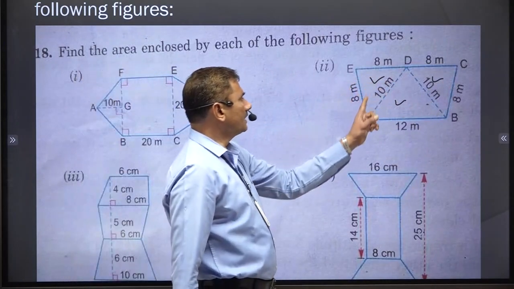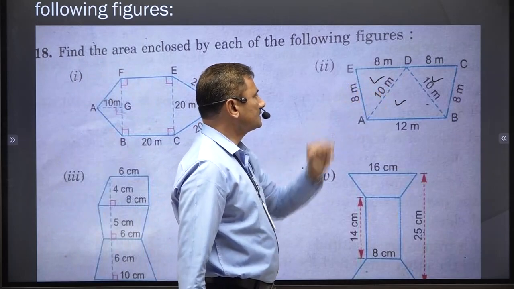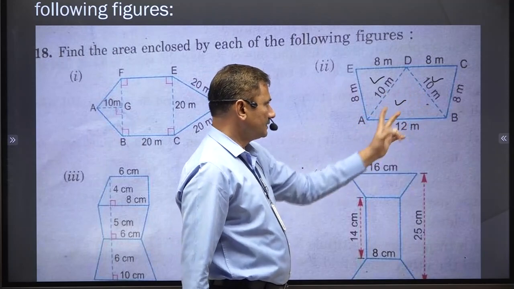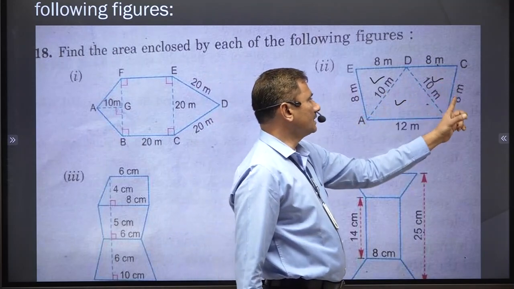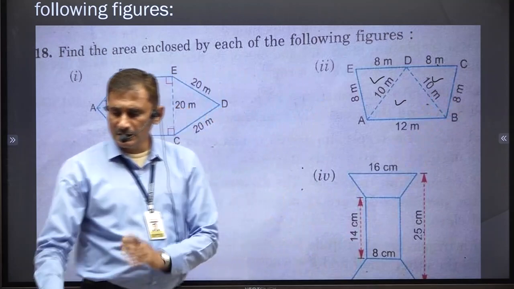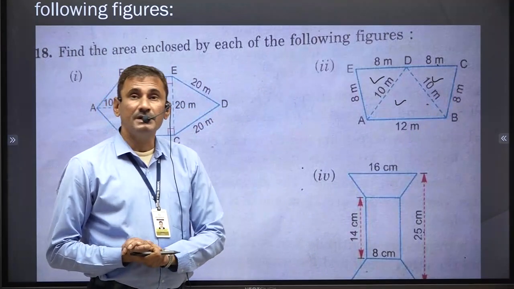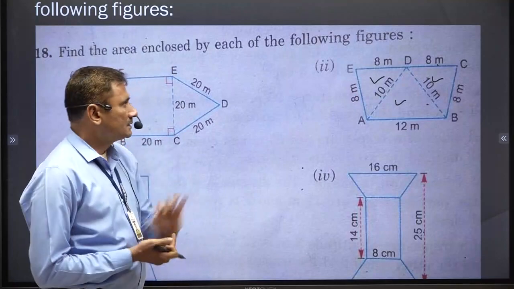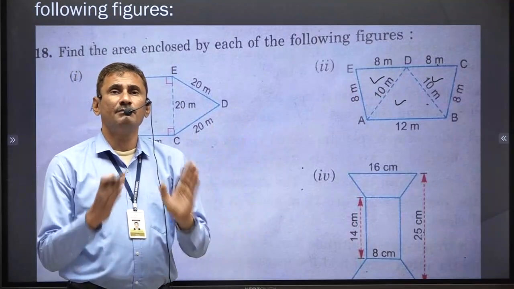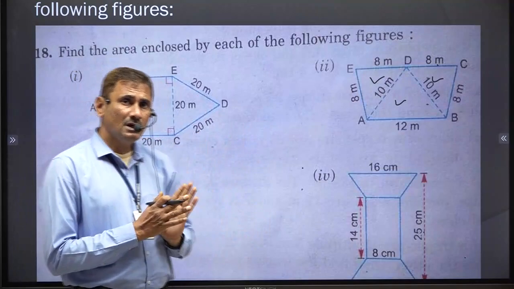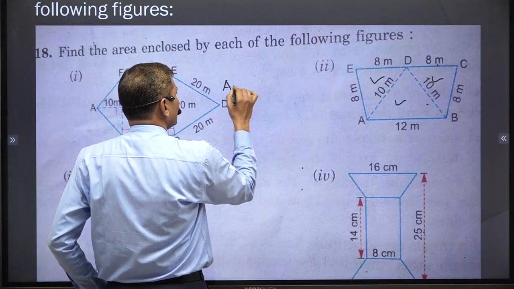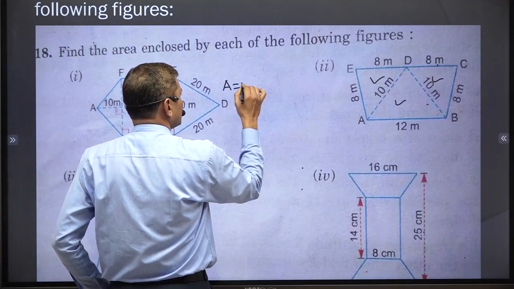In triangle ADE, actually it is an isosceles triangle. Here also 10, 10, 12, so it is also isosceles. Here also 8, 8, 10. So all three triangles are isosceles triangles, just like question number 17. So you can find all three triangles' areas separately by either Heron's formula, or there is one extra formula for an isosceles triangle also.